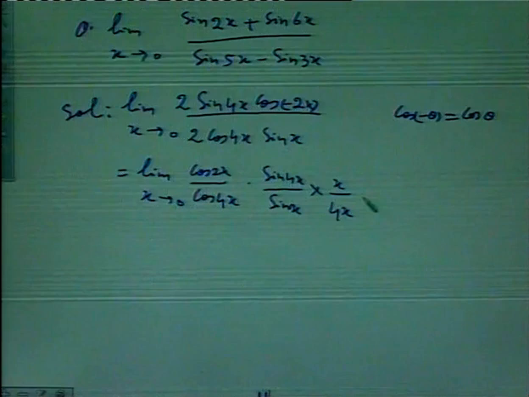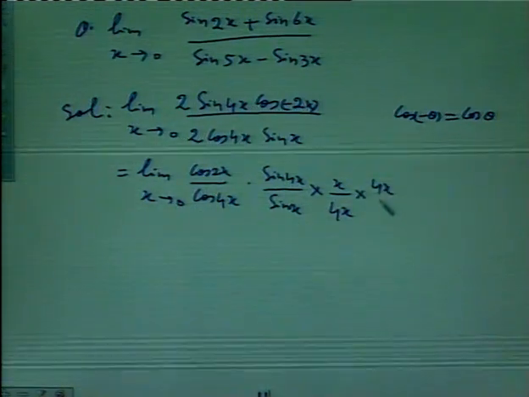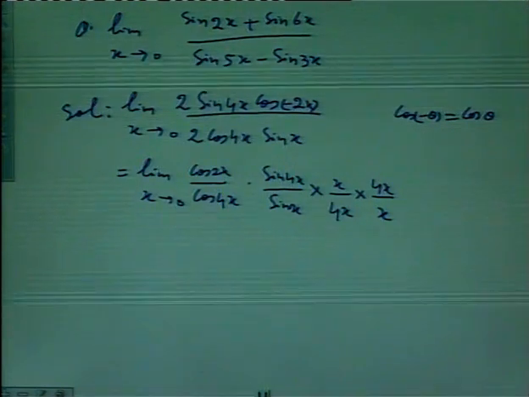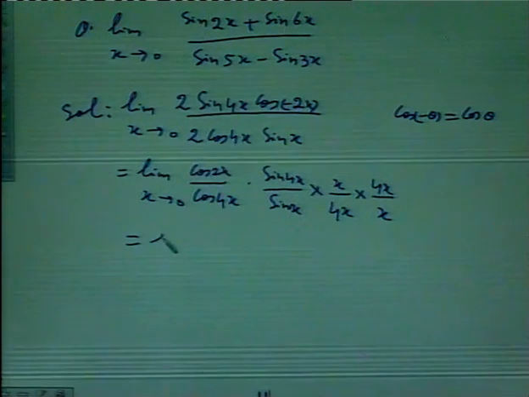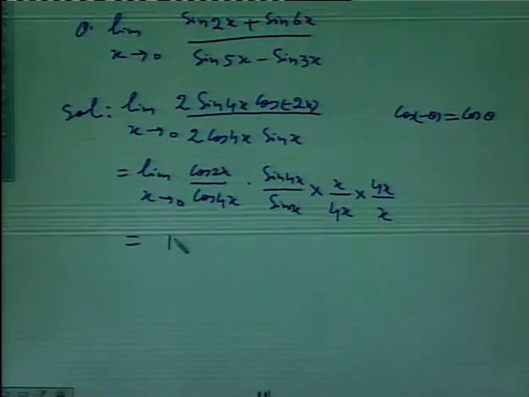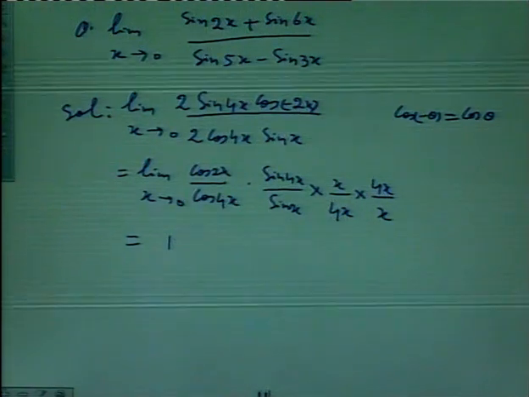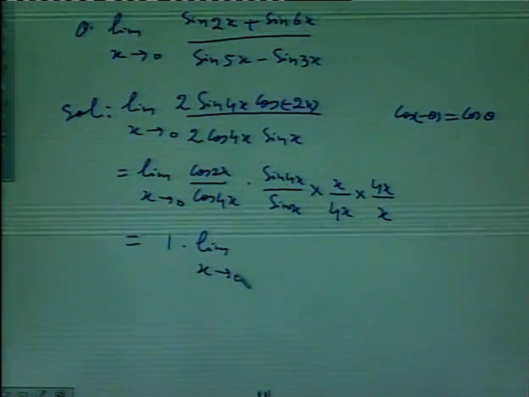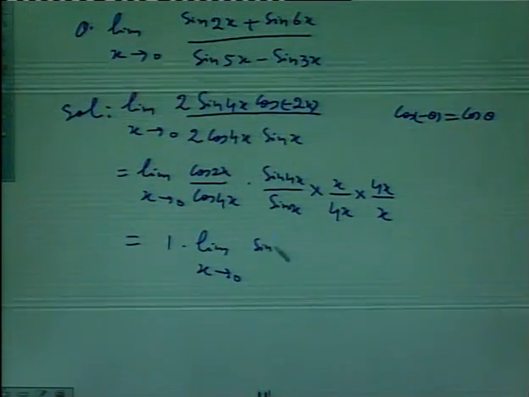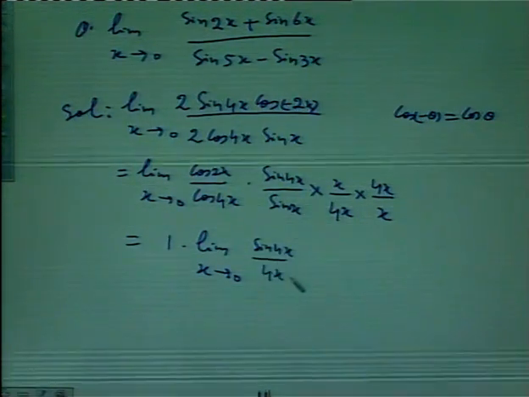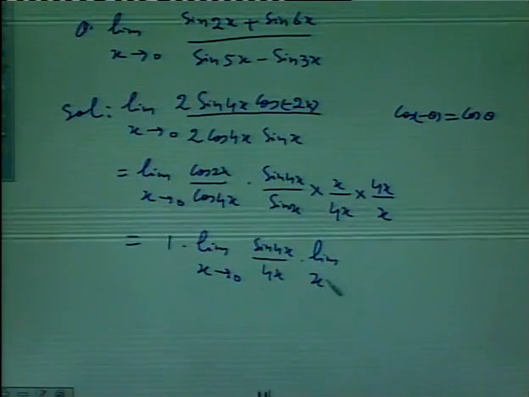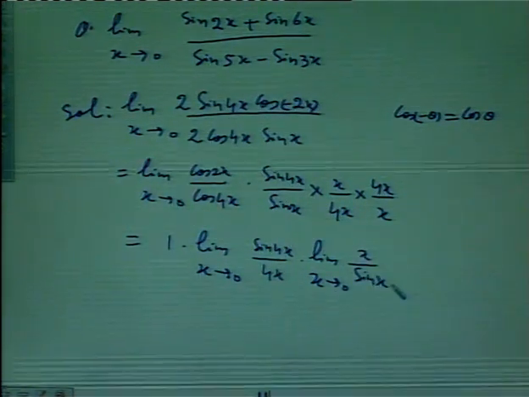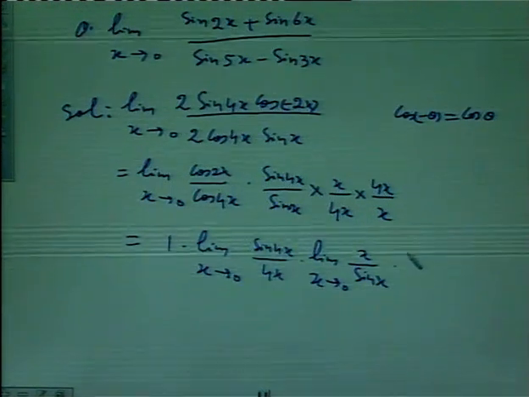So, it becomes, we multiplied with 4x and divided by 4x. So the value of this limit is 1, because when x is 0, cos 0 is 1, and here limit x tends to 0, sin 4x upon 4x, and limit x tends to 0, x upon sin x, and again x is cancelling with x.